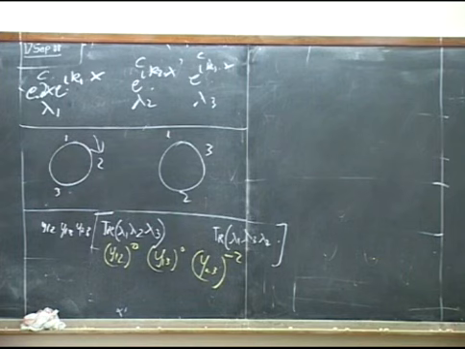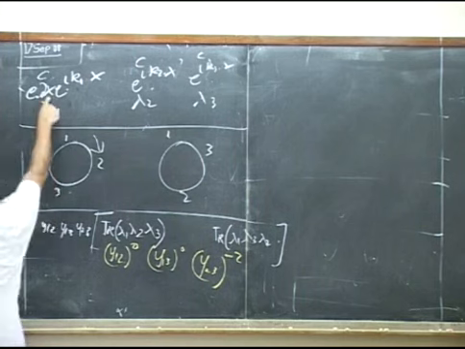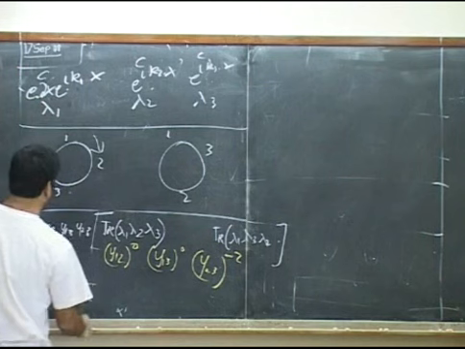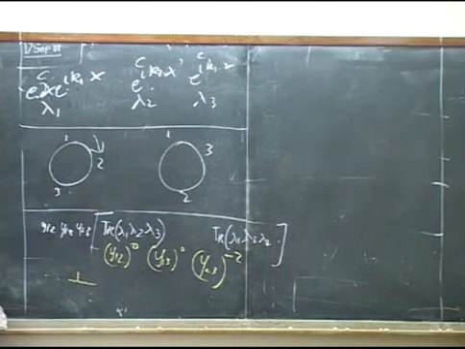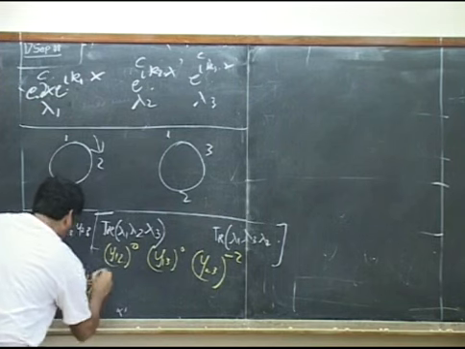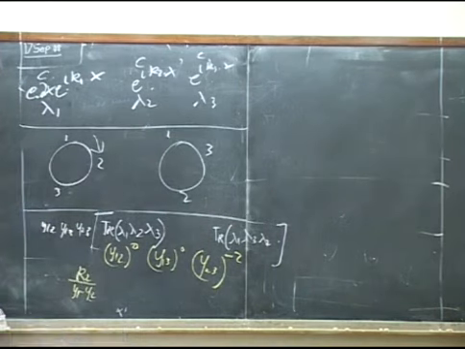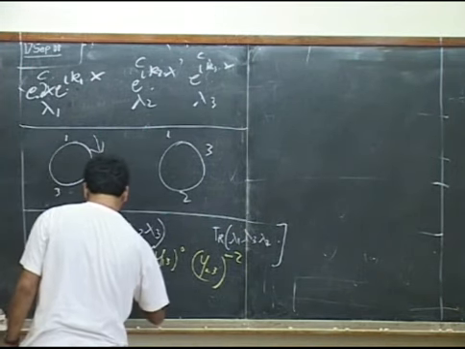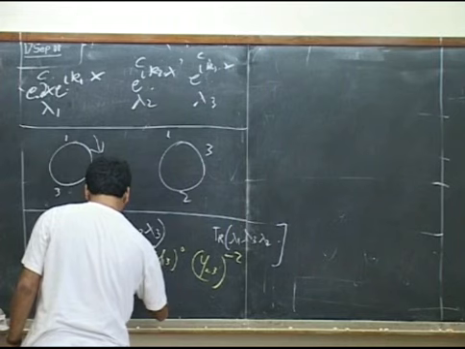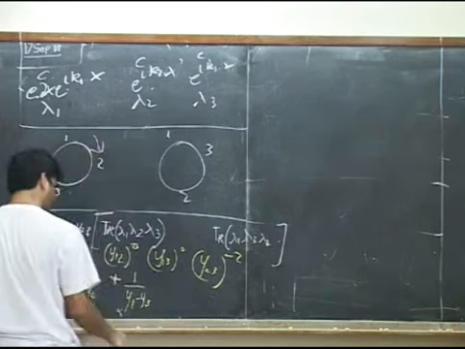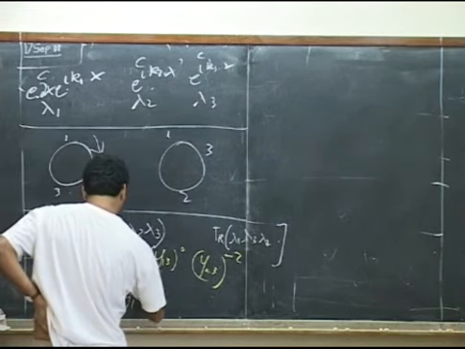So what are we going to get from the insertions? If you remember what the formula is, there's an overall number which we will keep track of. So I have 1 over y1 minus y2 into k2, plus 1 over y1 minus y3 into k3.